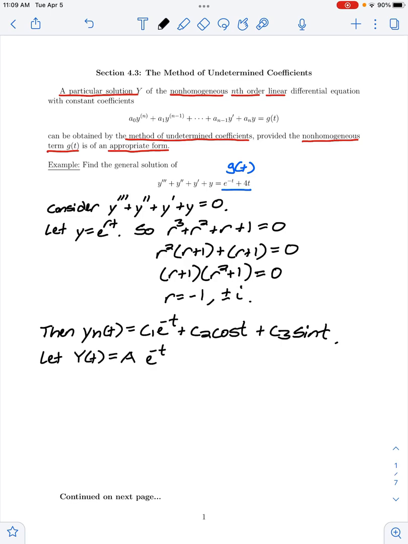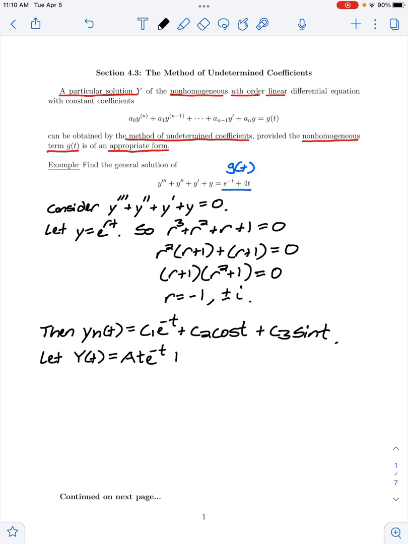But we see that since r equals -1 was a root of our characteristic equation, a constant multiple of e to the negative t is already part of the homogeneous solution. So for our particular solution, that first term we would consider would be a constant times t, e to the negative t.